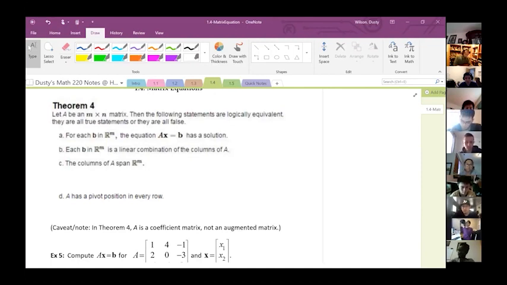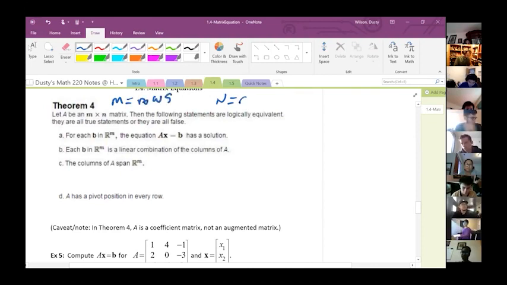So let A be an M by N matrix. Remind me, is M the number of rows or the number of columns? M is the number of rows. N is the number of columns. Okay. So if A is an M by N matrix, then the following statements are logically equivalent. They're all true statements or they're all false.